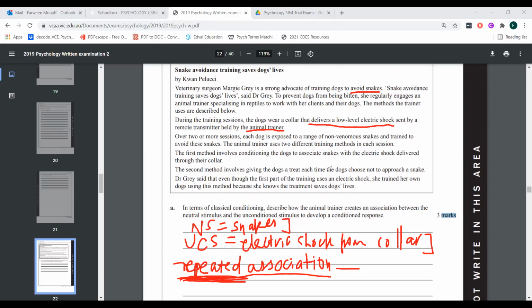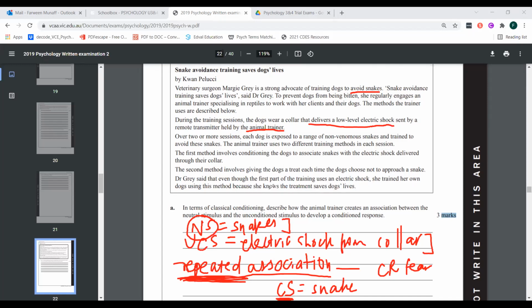The third mark will basically come from you talking about the idea that the original neutral stimulus after the repeated association becomes a conditioned stimulus. Now that the dog has learned to associate a response with the snake, the dog no longer shows no response, the dog will actually show a conditioned response of something like fear and running away due to the snake, or fear and avoidance, because that's what the scenario uses.